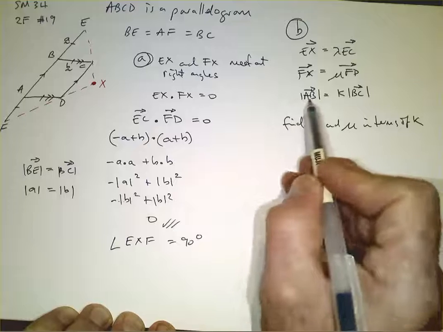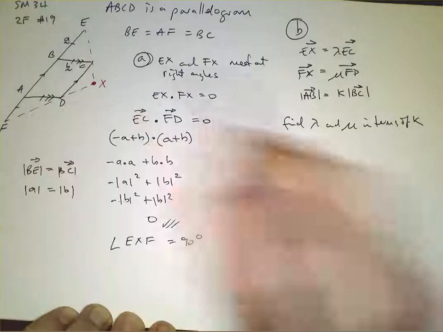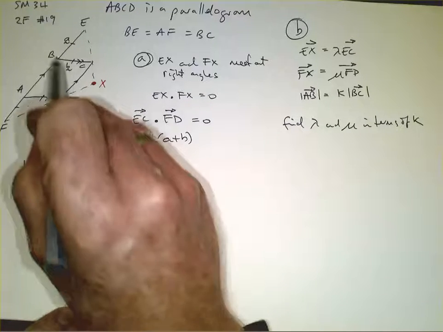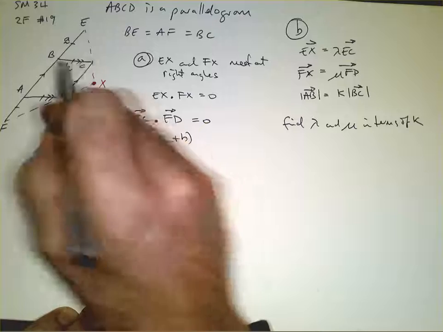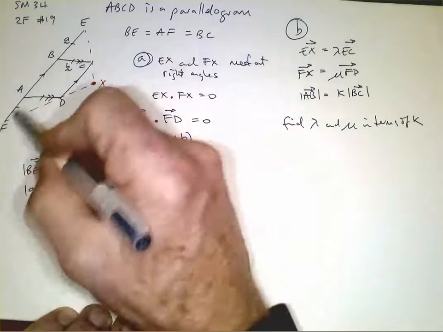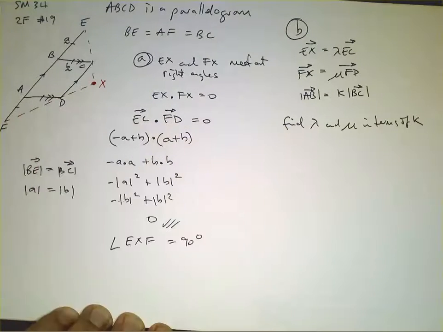And I know that the magnitude of AB is equal to k times the magnitude of BC, and BC is the same magnitude as BE and AF and AD.